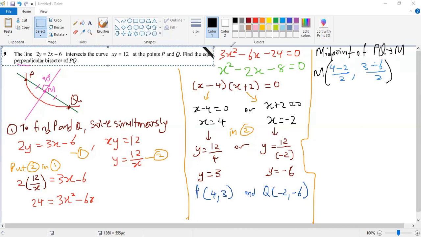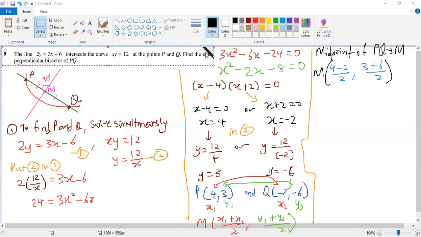The midpoint formula takes x1 plus x2 over 2, the average, and similarly for the y coordinate, y1 plus y2 over 2.